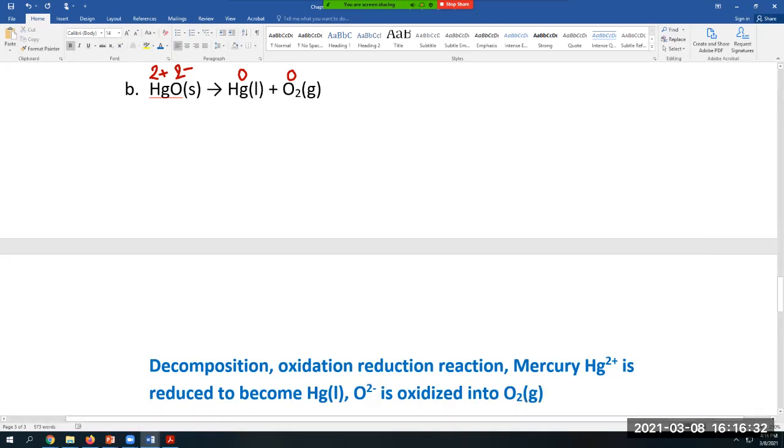So you see that for O negative 2 to become O2 with oxidation state 0, that means O negative 2 has lost electrons, right? So that's why oxygen here is oxidized, because we have a loss of electrons.